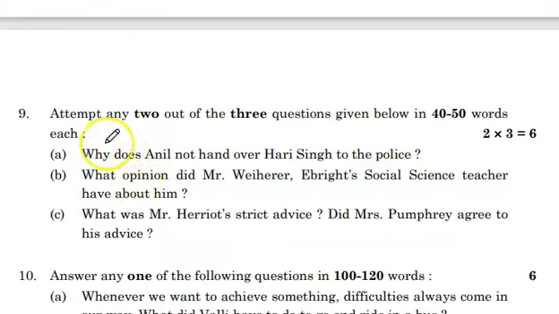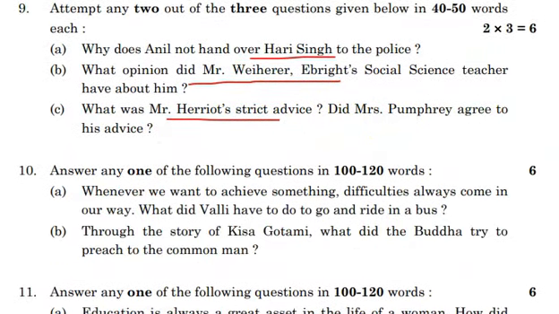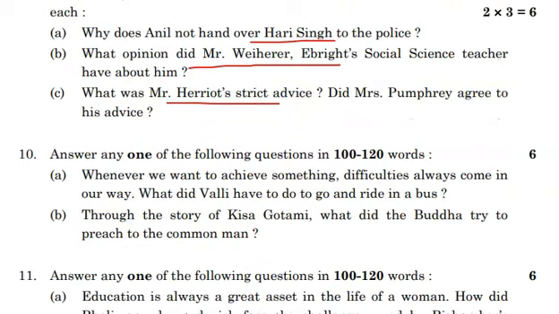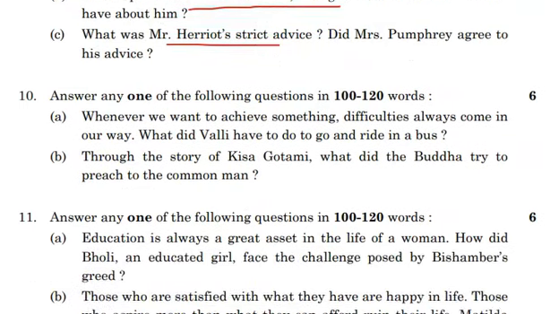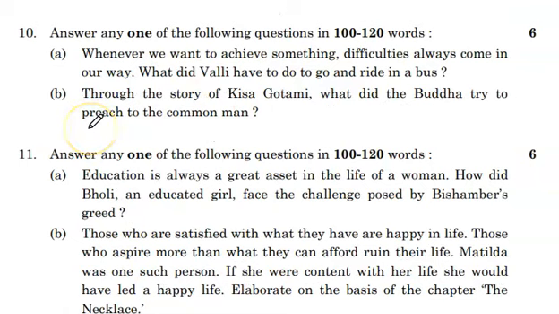In question number 9, you have The Thief's Story, The Making of a Scientist, and A Triumph of Surgery. So 3 important chapters. So it shows which chapters are important. And question number 10 is from Madam Rides the Bus, and again Sermon at Benares.